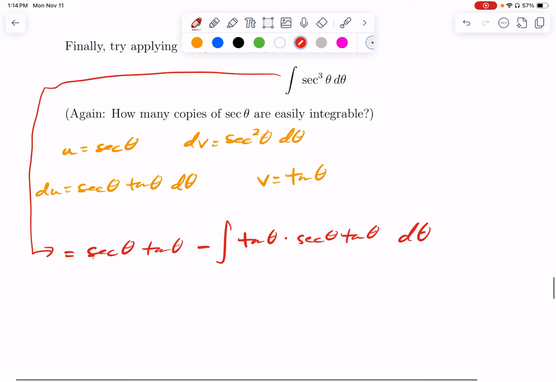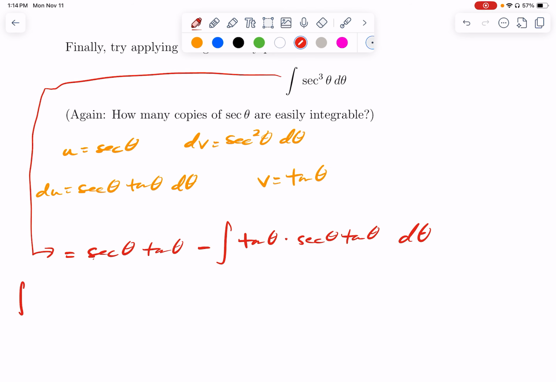Okay, so I'm going to rewrite the whole equation. So the integral of secant cubed theta d theta equals secant theta tan theta minus the integral of tangent squared theta secant theta.